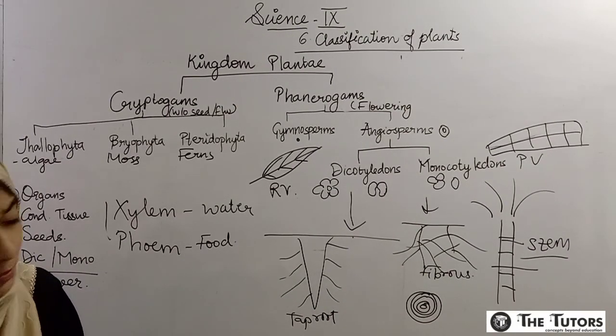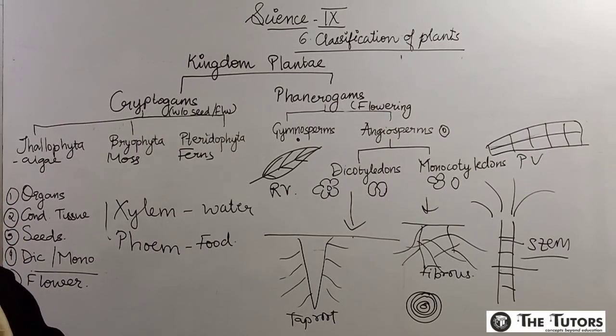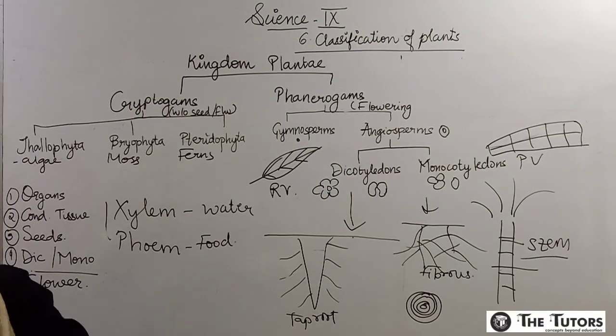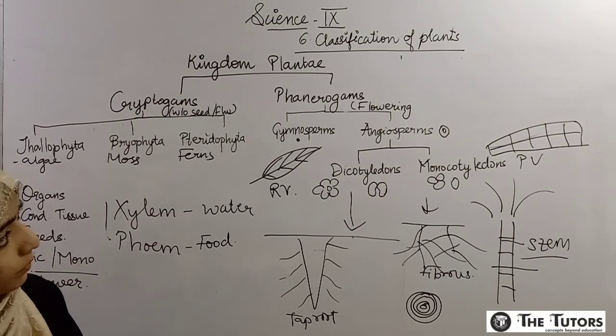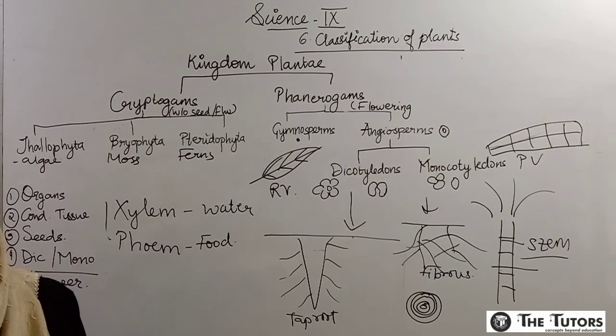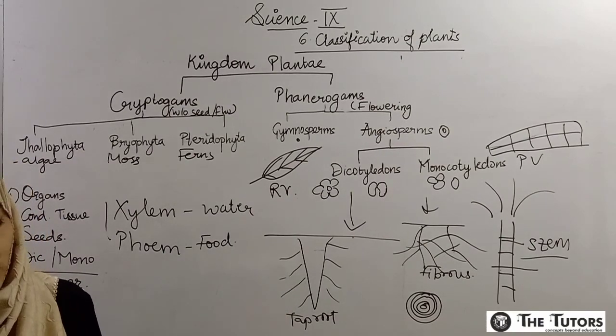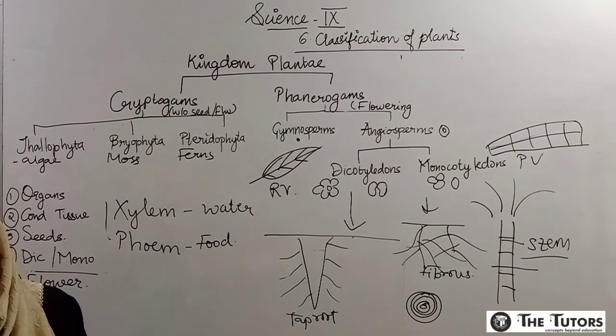phanerogams. Phanerogams are the flowering plants, and we have classified them into 2 types, gymnosperm and angiosperm. Gymnosperm means the seed is not covered, and angiosperms are the ones whose seeds are covered. Before coming to that, let's recap gymnosperms. It is mostly evergreen, lives for many years, and is woody.